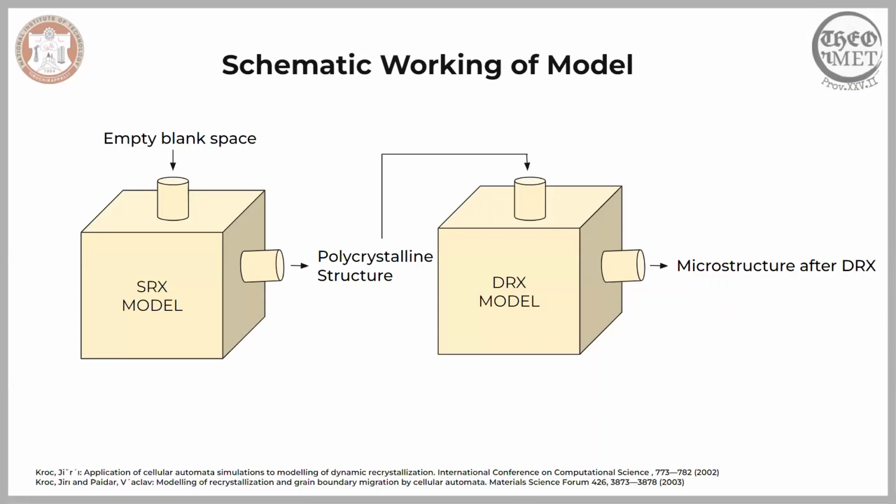Then it is fed into the dynamic recrystallization model, giving us the final microstructure. For this study, we have used the model developed by Dr. Krog to understand the phenomena. You can see the references given here, where an exclusive explanation can be found.